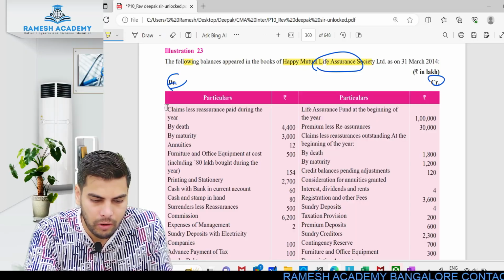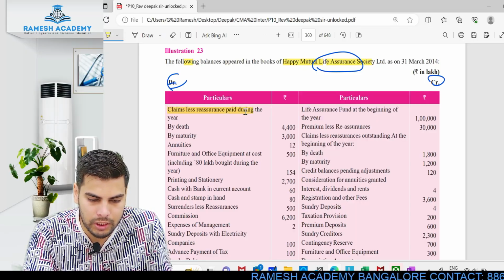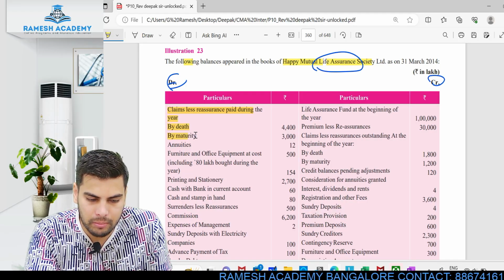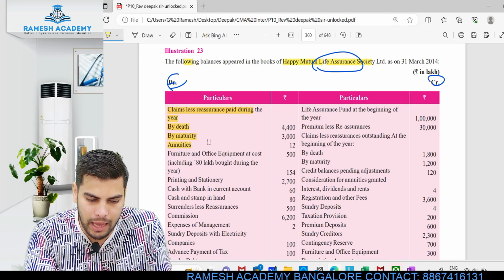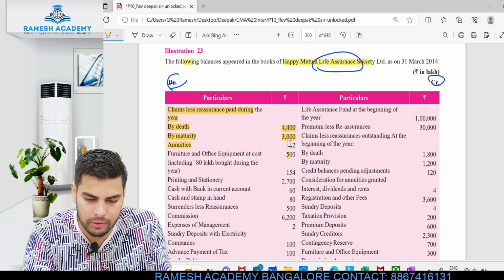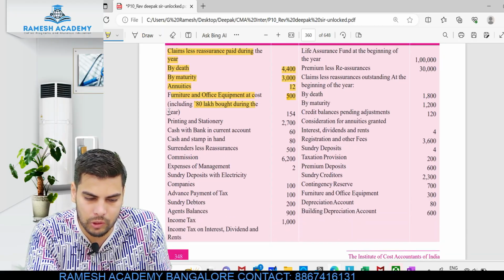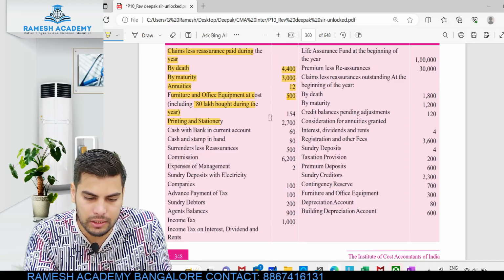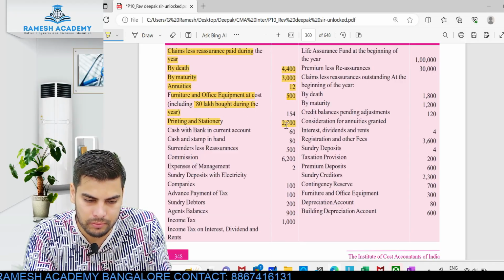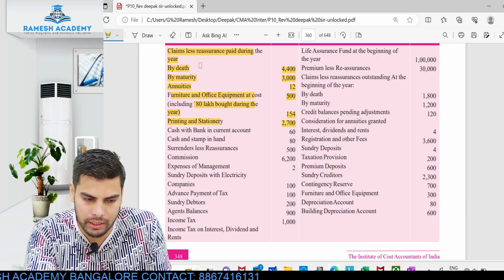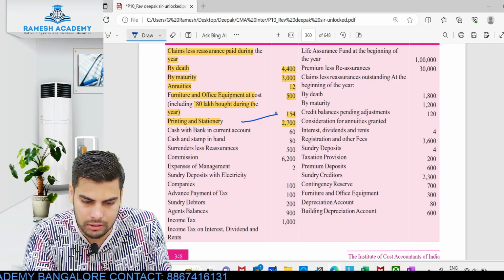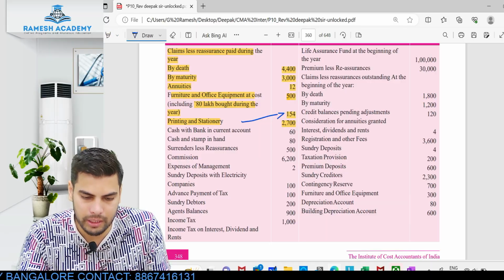We have got claims less reassurance paid during the year, by death, by maturity, by annuities 4,400, 3,012. Furniture and office equipment cost has been given, which is 500, including 80 lakhs which was bought during the year. Printing and stationery expenses which we have got. There's a slight alignment problem over here, be careful.